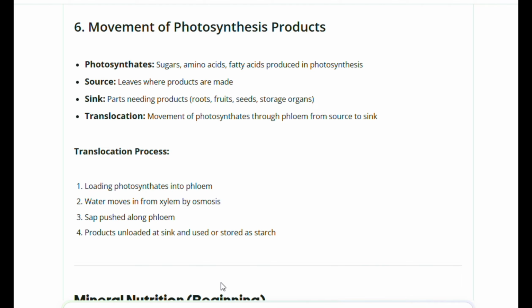Step 2, water moves in from xylem by osmosis. Step 3, sap is pushed along the phloem. Step 4, products are unloaded at the sink and used or stored as starch.